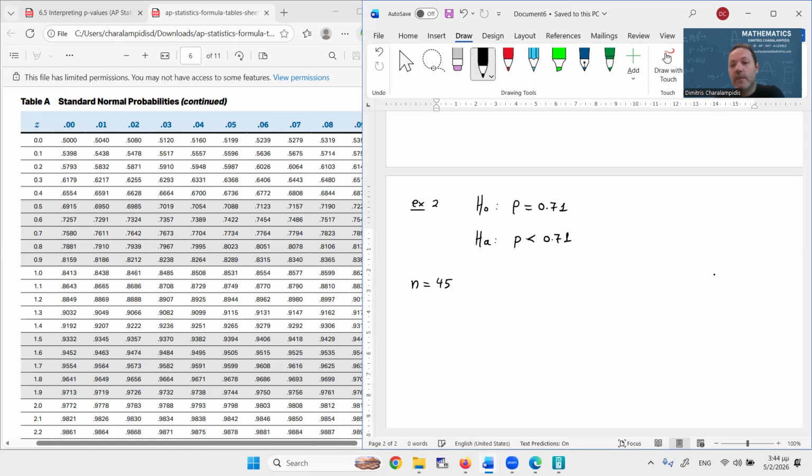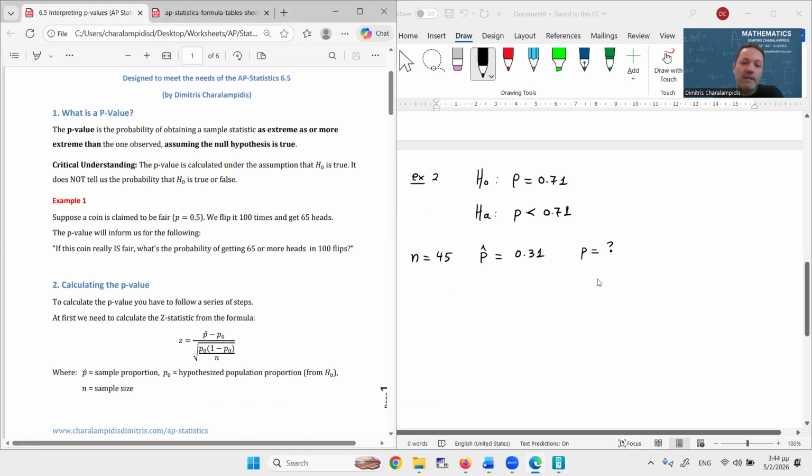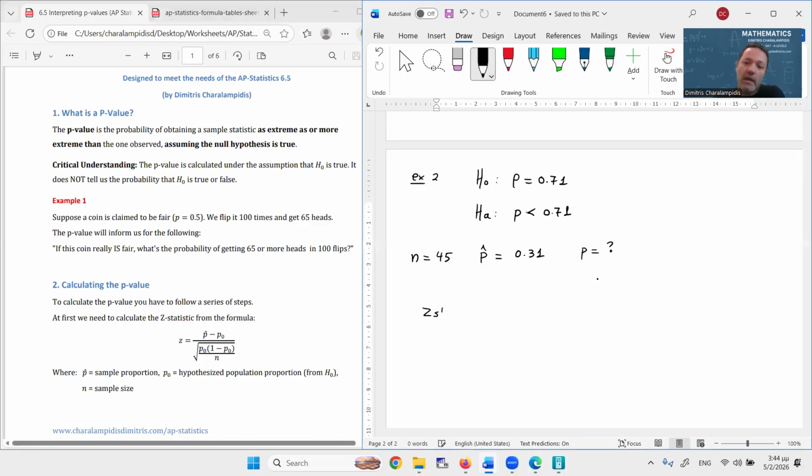I used a sample of 45 students and I was able to find a sample proportion of 0.31. We want to calculate the p-value. Again, I will begin by finding the z-statistic. The z-statistic only relies on these three values: the p-hat, which is 0.31, the sample proportion; the claimed proportion, which is 0.71; and the sample's size.